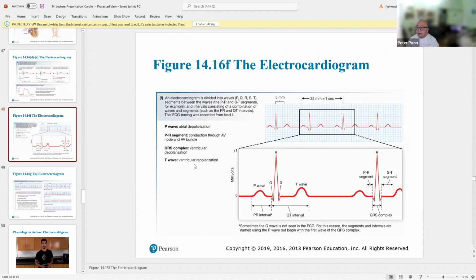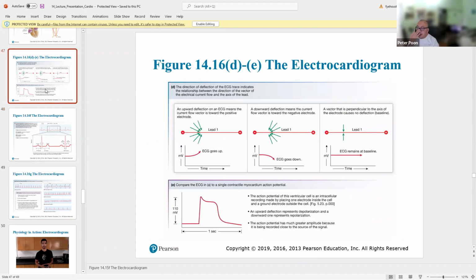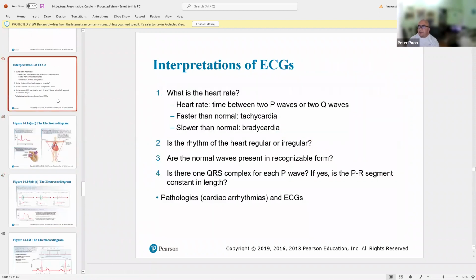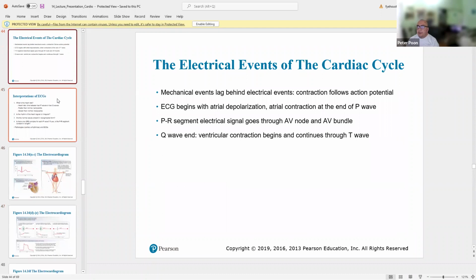So make sure you know what all the parts are. Here's an ECG. Atrial contraction and the P wave.